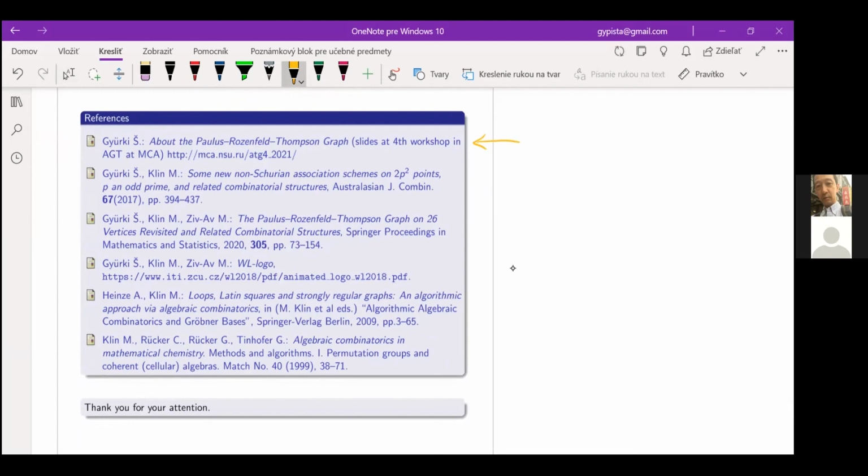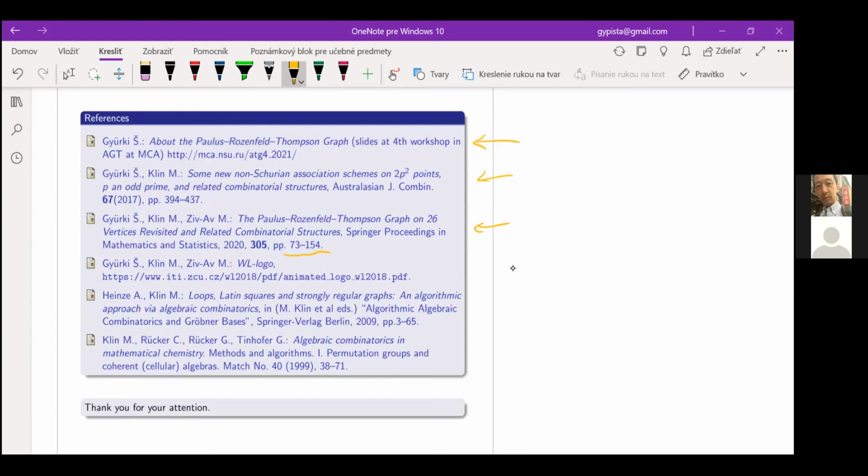Also related to my previous talk is the second reference, the full paper which we published together with Mishaklin and Matanziva, which can be found in a book related to a conference, and it has more than 80 pages.